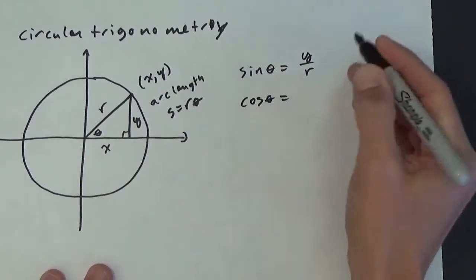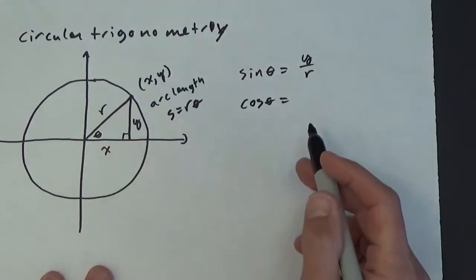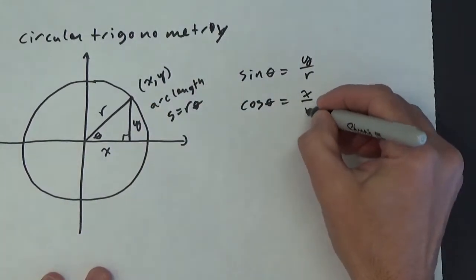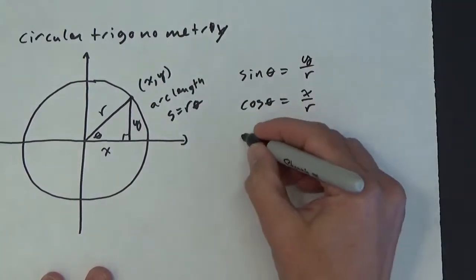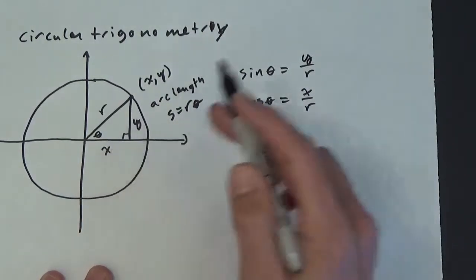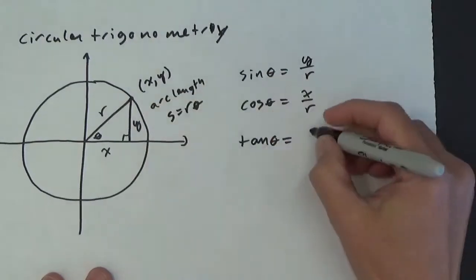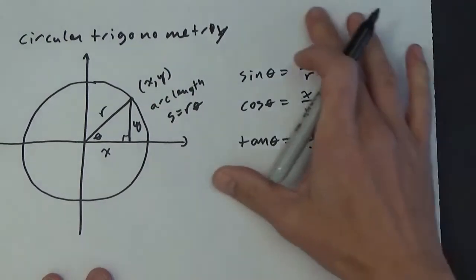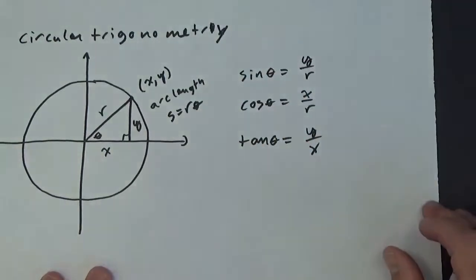The cosine is normally adjacent over hypotenuse. Well, the adjacent is x and the hypotenuse is r, so it's going to be x over r. The tangent is usually opposite over adjacent. So opposite is y, adjacent is x. And so these are our three main trig functions.